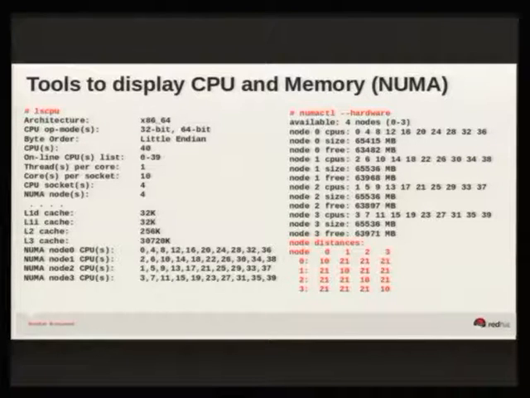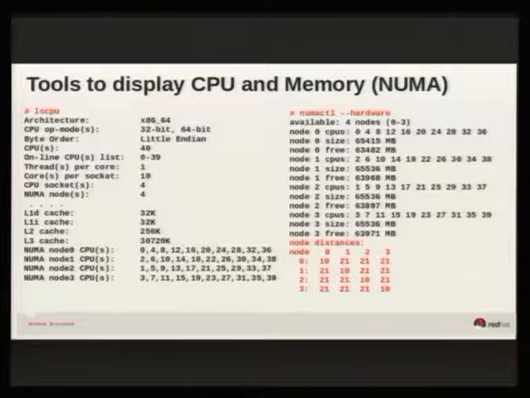It's normalized to 10. So if you're on node 0 and you're accessing the memory on node 0, you get a factor of 10. If you go off node, then the memory bandwidth slows down by a factor of over 2.